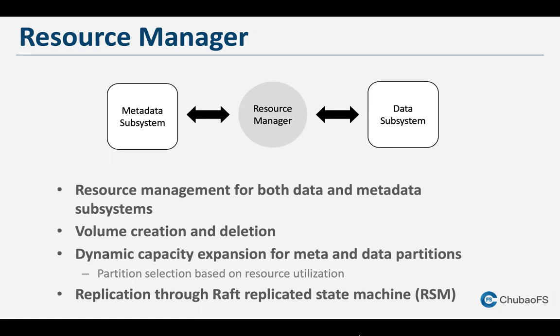A nice thing about this dynamic capacity expansion is that we do not require any data migration when we expand the capacity. Imagine when we have more data to be written to the file system, and the volume requires more data or meta partitions, those partitions will just be allocated or selected based on these utilizations.